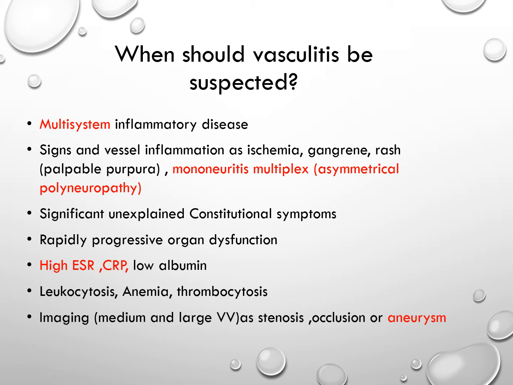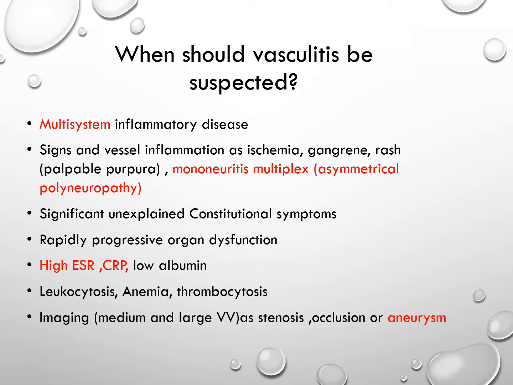Mononeuritis multiplex in a young person, asymmetrically, should draw your attention towards underlying vasculitis, so it should be investigated well to rule it out.